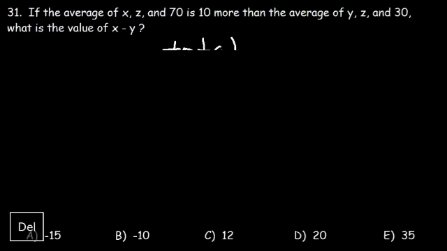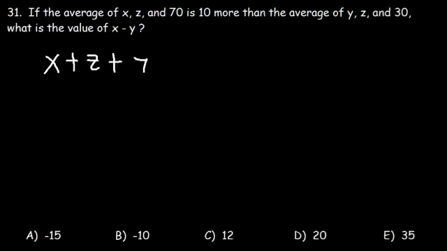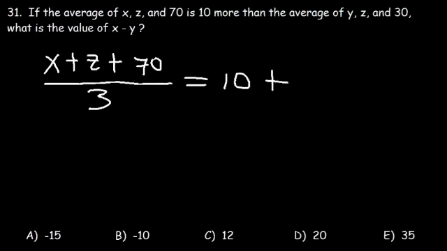But now let's see if we can use that to solve this problem. The average of x, z, and 70 is the sum x plus z plus 70, like we did 10 plus 11 plus 12. Because we have three numbers, the average is the sum divided by 3. That is equal to 10 more than the average of y plus z plus 30 divided by 3.